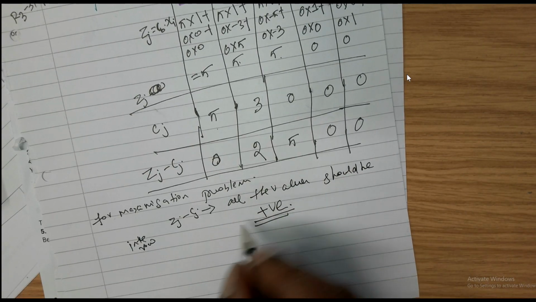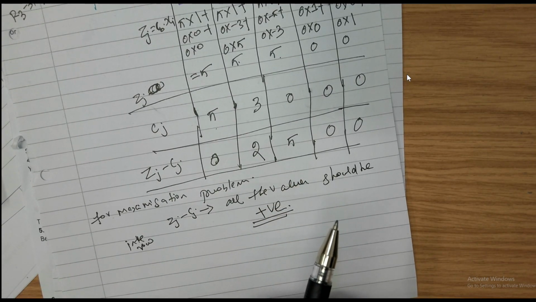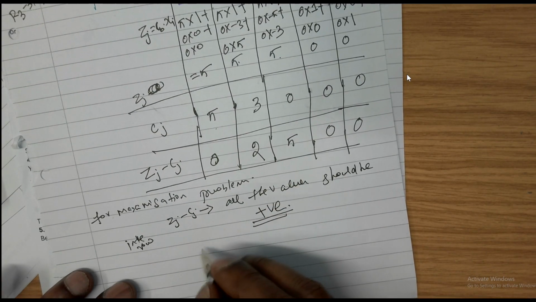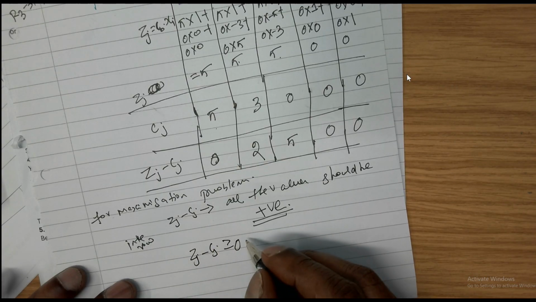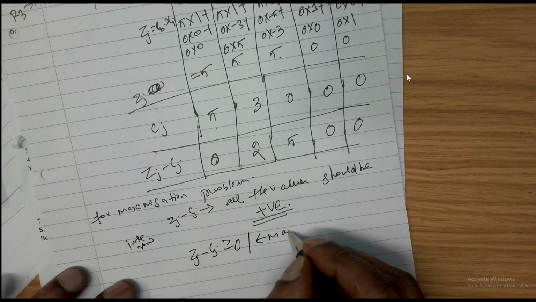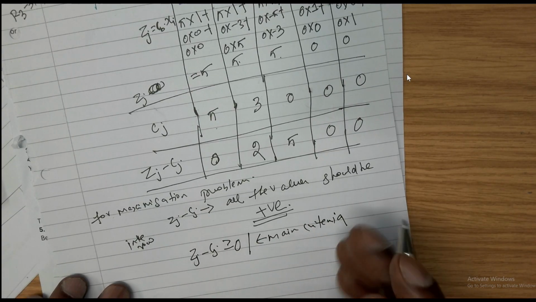That means we already identified the conditions where your profit will be maximum, which means Zj minus Cj should be greater than or equal to 0. So this is the main criterion in the simplex algorithm for a maximization problem.